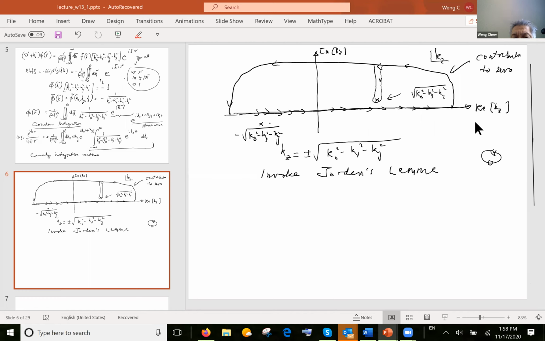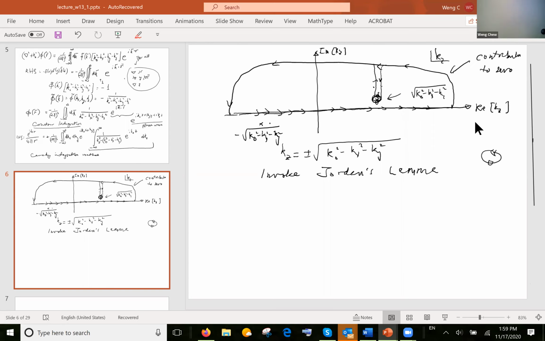You can always add something like this to the contour and argue that these two cancel each other. And then the only thing left is this Cauchy integration around the pole. Finally, you're left with the integration around a big contour reduced to a small circle. Any questions so far?